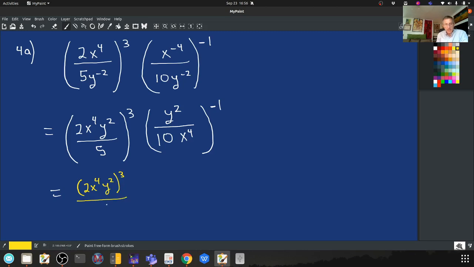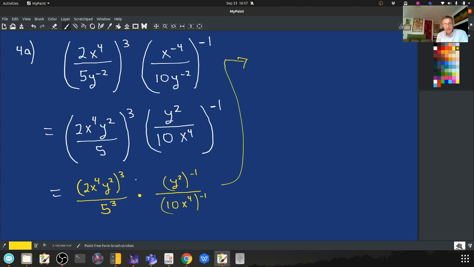And then 5, I don't have to put it in parentheses, it's the only thing in the denominator, and it gets cubed. And remember, this is being multiplied. I'm multiplying these two factors. So y squared is raised to the minus 1, and 10x to the 4th is raised to the minus 1.